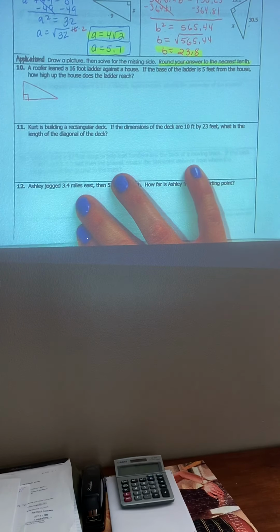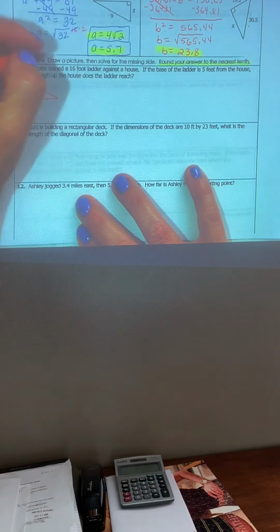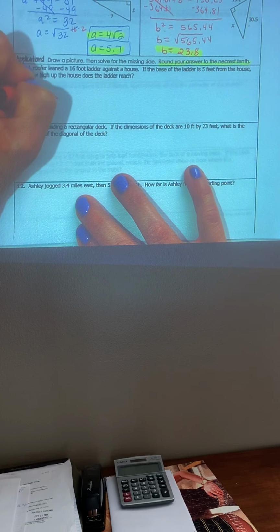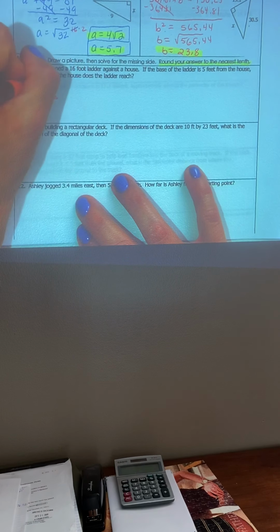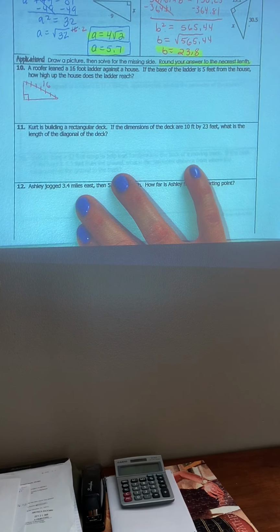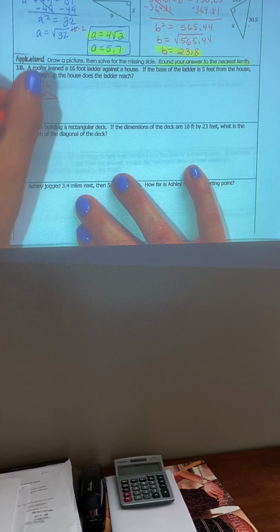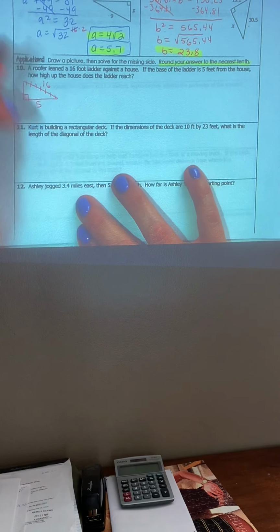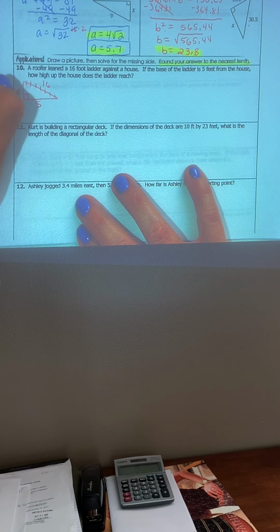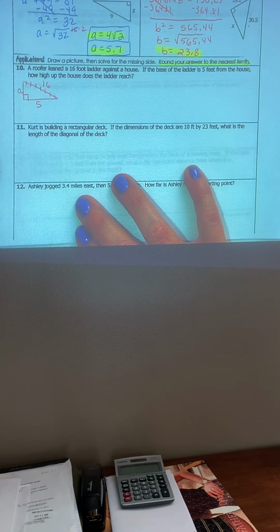So obviously it's a right triangle. So to me, guys, this is your ladder, right? A ladder leans. So there's your ladder, and that's 16 feet. The base of the ladder is 5 feet from the house. Now that doesn't look like 5, but we'll pretend. How high up the house does the ladder reach? That's here, so this will be A. And then it's the Pythagorean theorem.